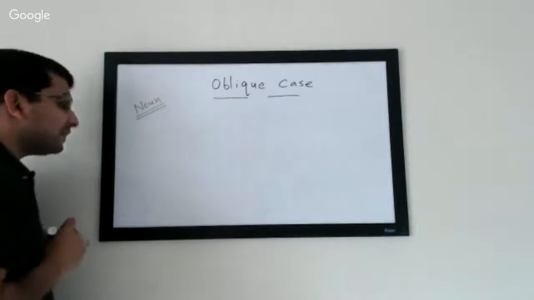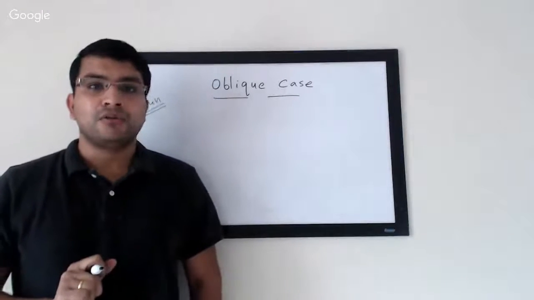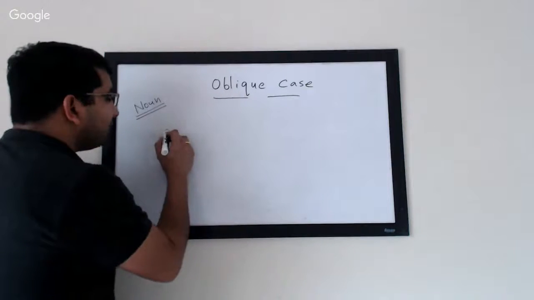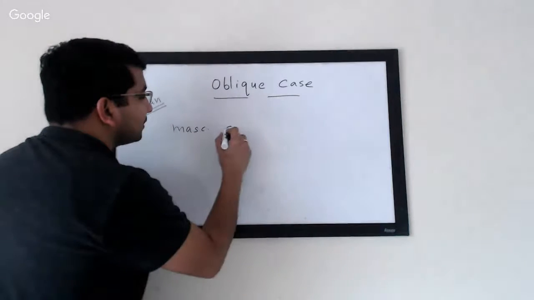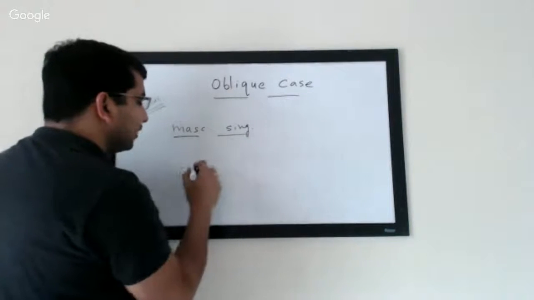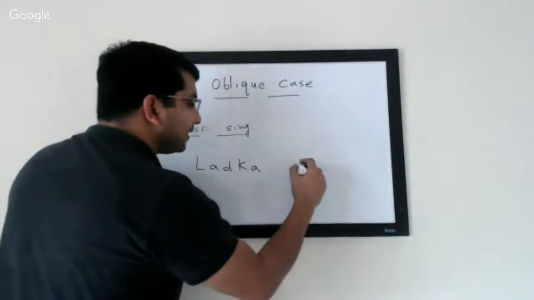First I'll give you the oblique case in nouns, and then we'll learn about where to use it, right? If you remember, when we talk about masculine singular, in most of the examples I use the noun ladka. Straightforward, right? Ladka is a boy.